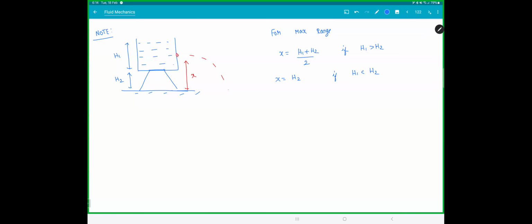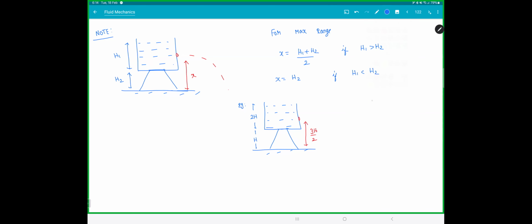What do you mean by that? See, example. If this was 2h and this was h, where is the midpoint? 3h by 2. That is okay.